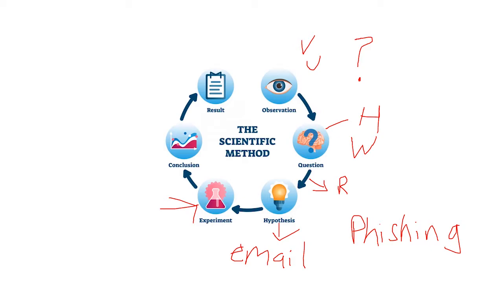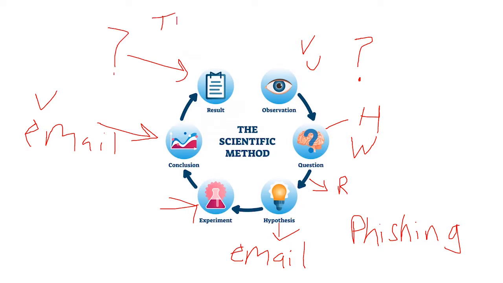So let's just say we did the experiment and turns out the virus was from that attachment. Well, okay, let's make our conclusion then. So, the virus came from an email. So, what's the results? What can we get from this? Well, maybe we can start training people more.